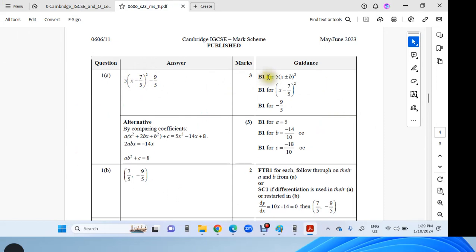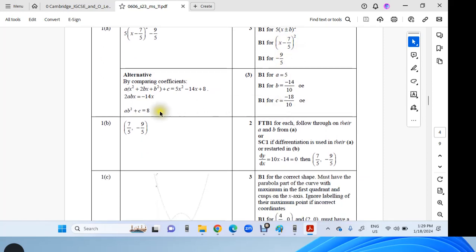So B1 for this 5, B1 for the −7/5, and B1 for the −9/5. So the coordinate of this is (7/5, −9/5).